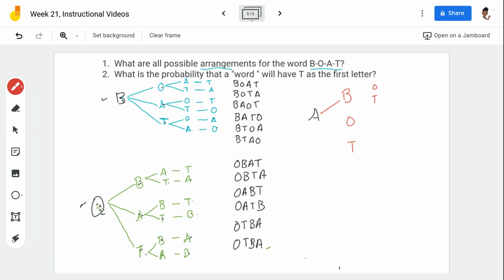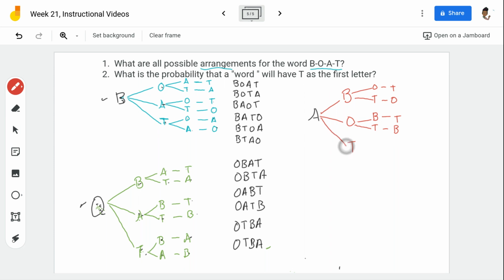O and T. If I use A, B, and O, what's left? T. If I use A, B, and T, what's left? O. If I use A and O, what letters do I have left? B and T. If I use AOB, then a T is left. And if I use AOT, then a B is left.